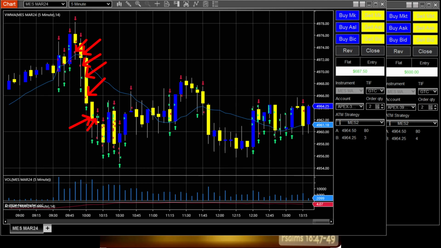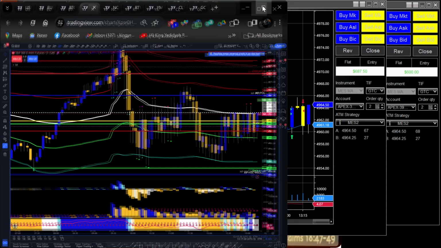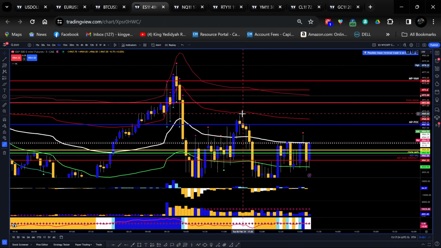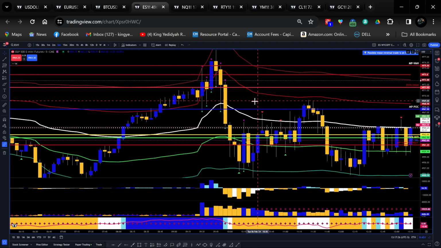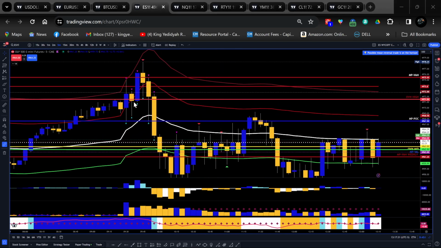Let me switch over to TradingView so you can see the levels I'm talking about. This is Camarilla R3 right here at 49.73.80, and I was looking for some rejections here.